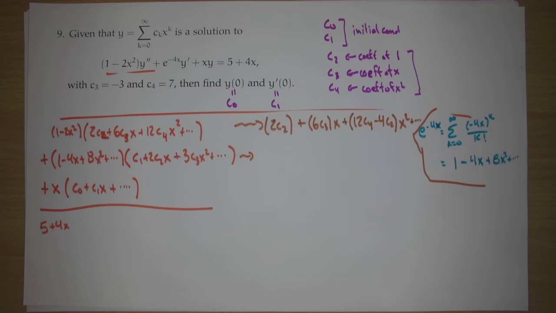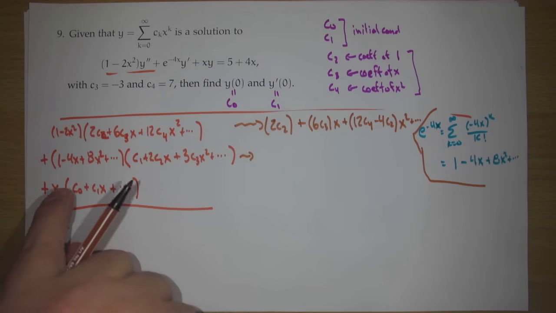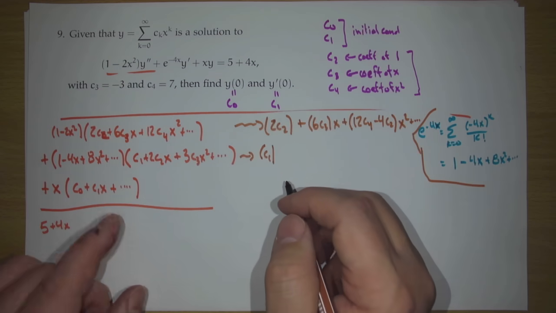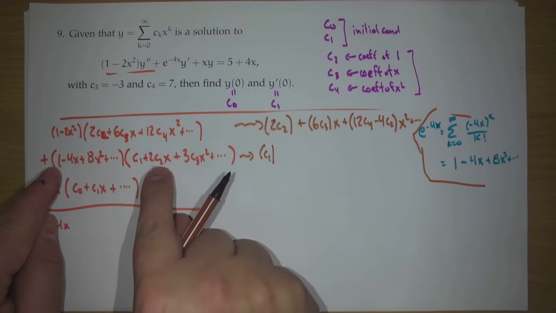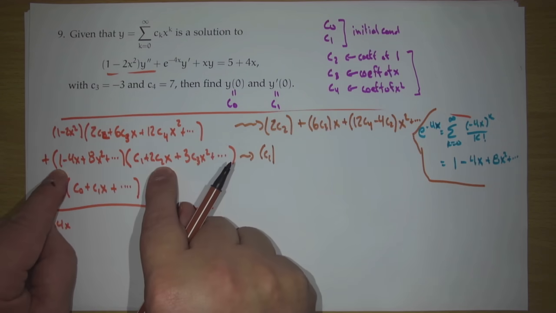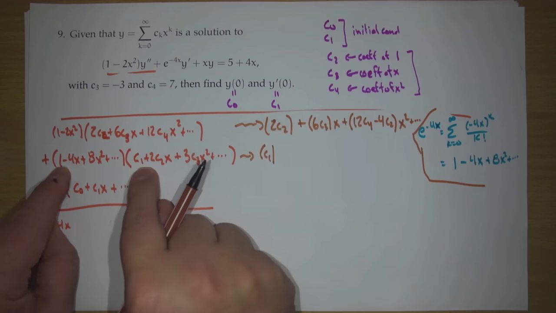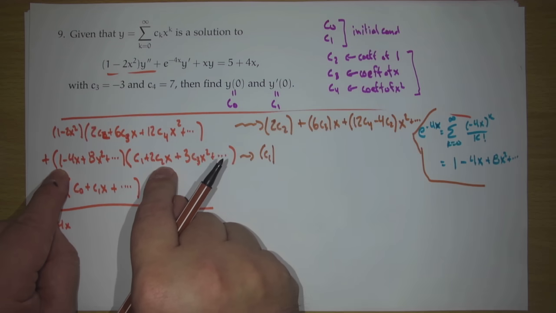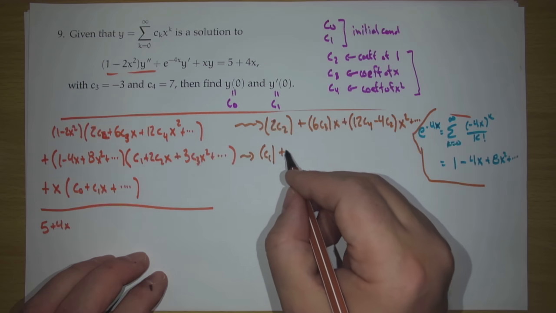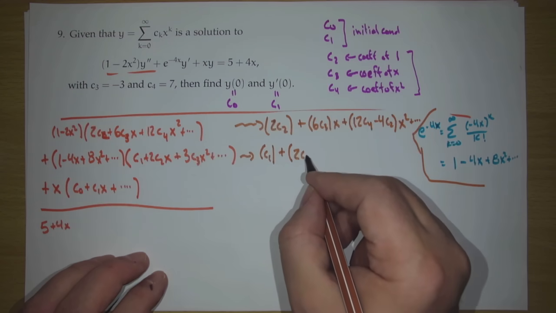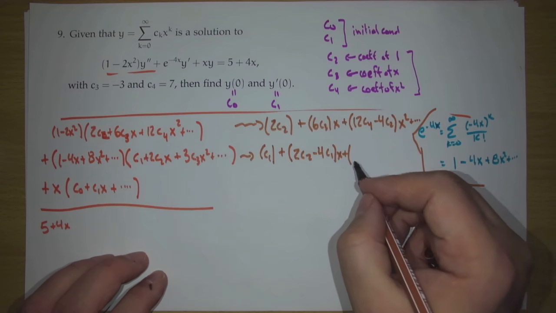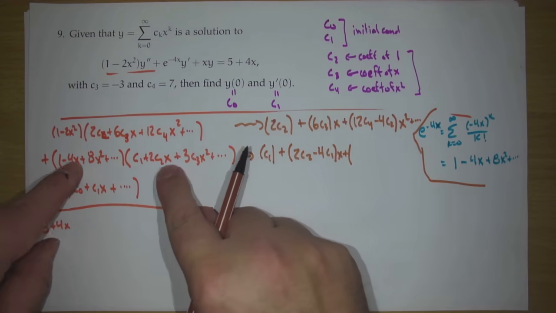The second line, our constant term, c1. Our x term. So we're going to go in opposite directions. 1 times 2c2x minus 4x times c1. So we'll have 2c2 minus 4c1 x plus, and again, we're going to move in opposite directions.